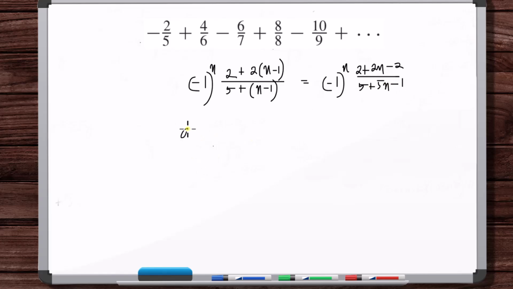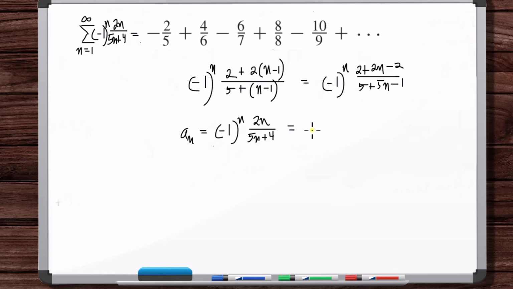So the a sub n here is this, and this is the sum from n equal to 1 to infinity. That's what this is.